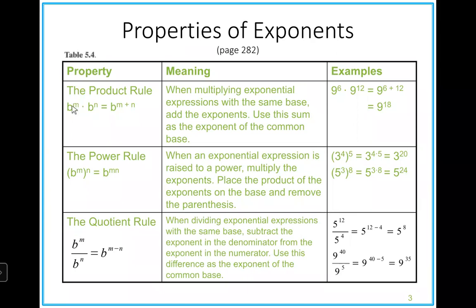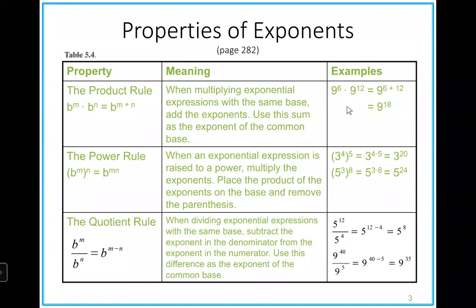If you have to multiply two numbers expressed as an exponent, once they have the same base, so the base in this case would be b for both of these, if you have b to the m power multiplied by b to the n power, you add the powers and keep the base. And so the explanation is right here.